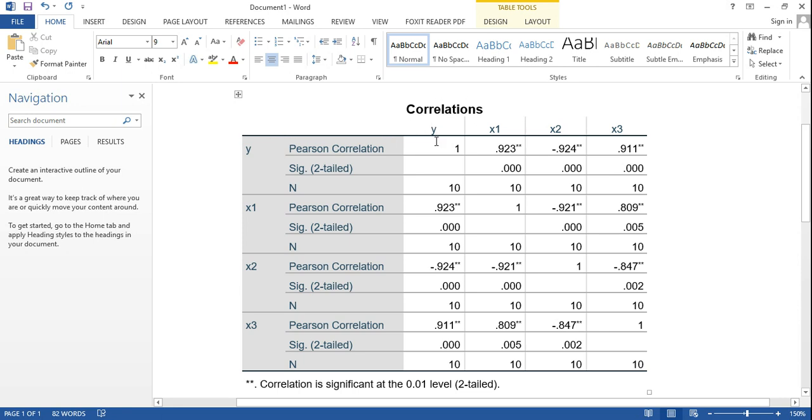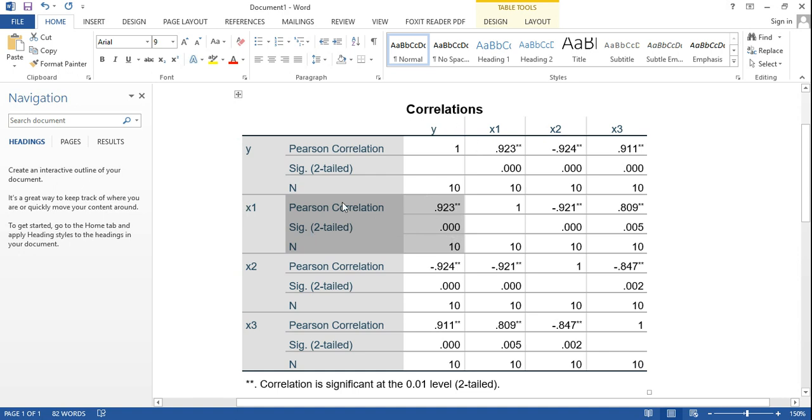First one is y, the same variable, so we are not considering this portion. The next one is y and x1. This portion shows the correlation between y and x1.